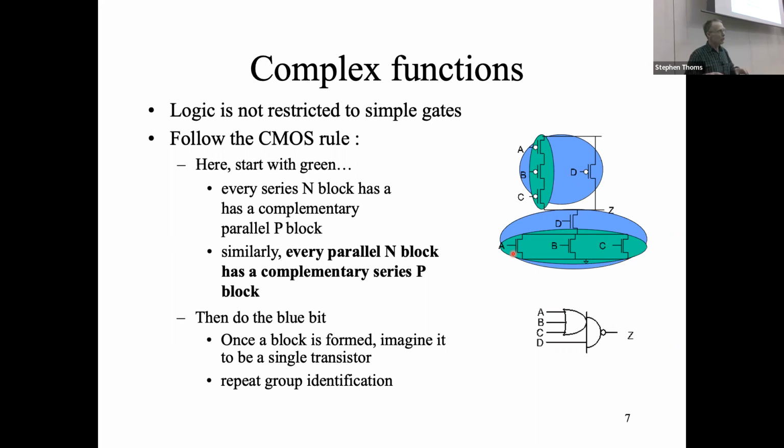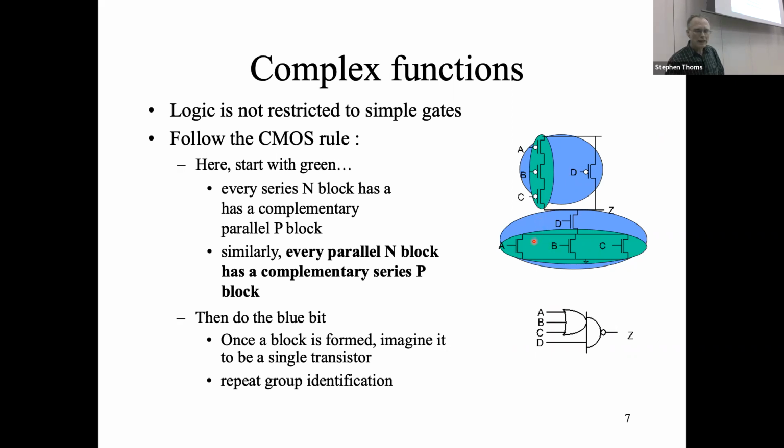So that gives you OR functionality. You need to have series in the N side to give you AND functionality. So we've got the green one giving us the OR. We've now got the blue one giving us the AND.